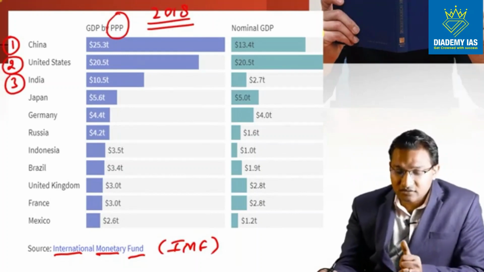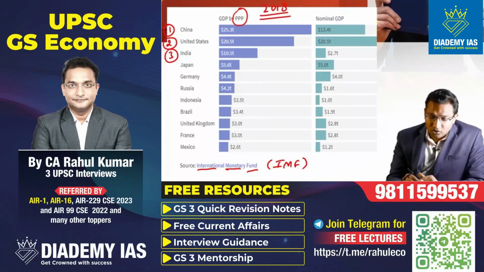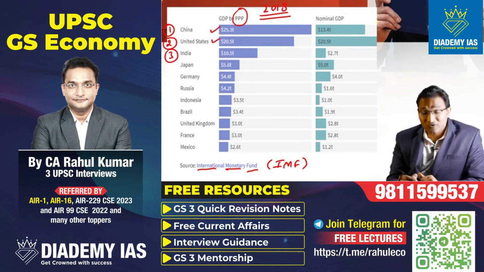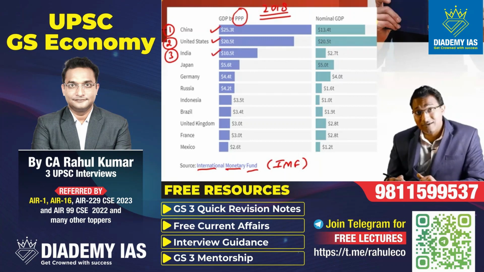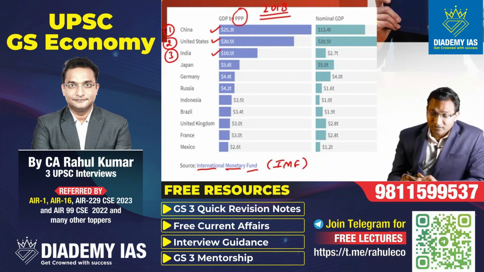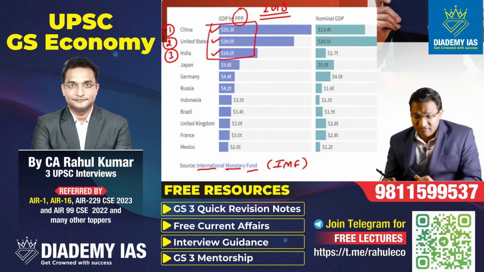So China's GDP has a value of $25.3 trillion, USA $20.5 trillion, India $10.5 trillion, right? So this is the true picture based upon the purchasing power.